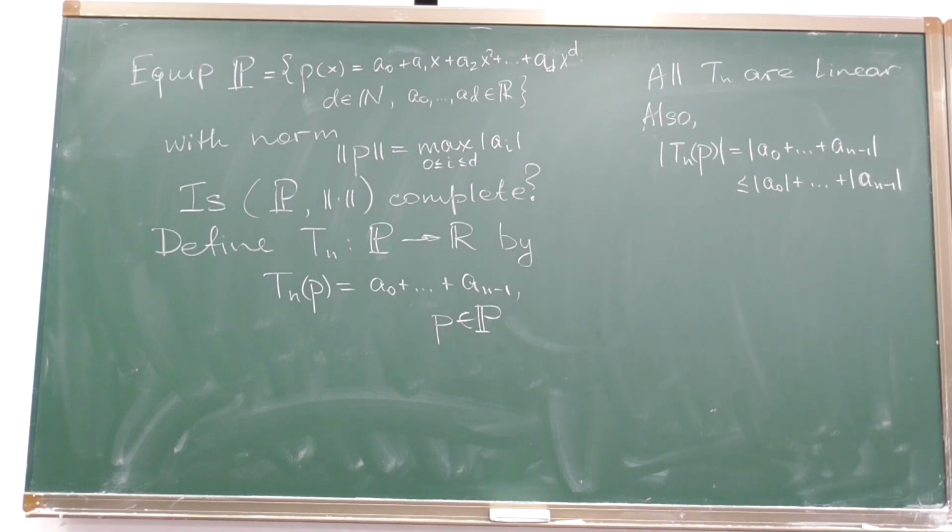Now I can estimate these. Over here we have the sum of the first n coefficients of a polynomial. Let me estimate it by the sum of all non-zero coefficients of a polynomial.